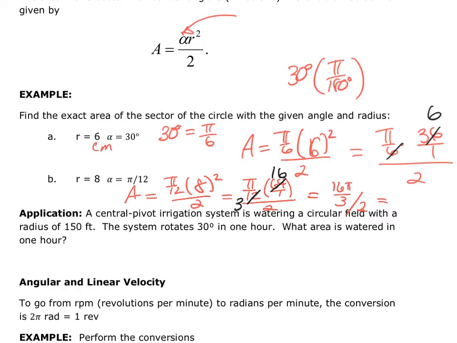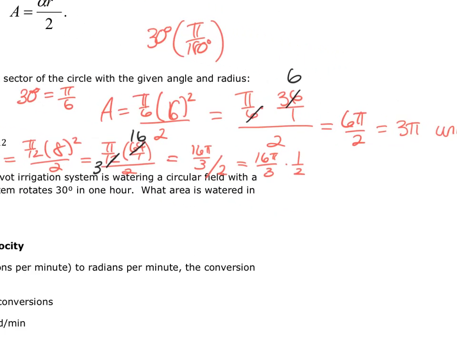So I have a fraction divided by a fraction, so I have 16 pi divided by 3 multiplied by the reciprocal of the bottom fraction. Even though it's an integer, it really is a fraction by putting it over 1. Because my 16 and my 2 will cancel, my final answer is going to be 8 pi over 3 units squared.